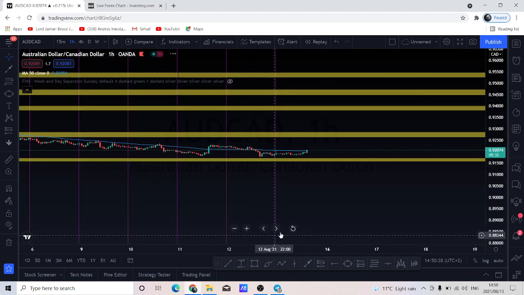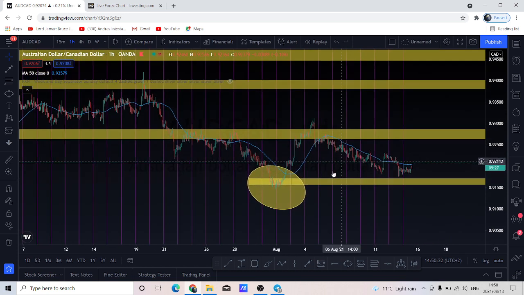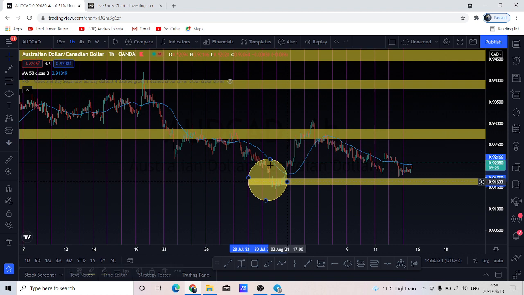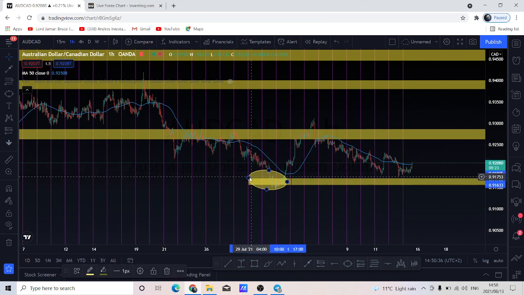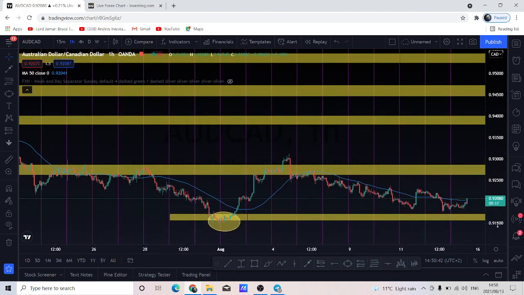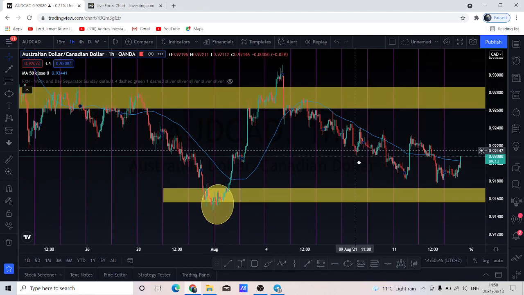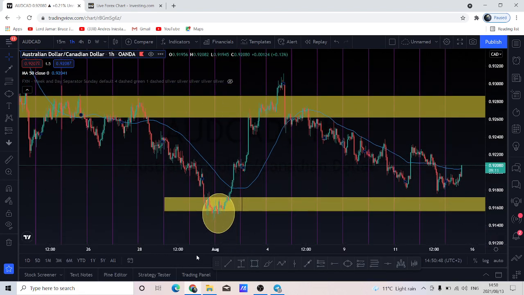That was the higher time frame pullback. So this is the turning point. Okay, so now we know the turning point is here.